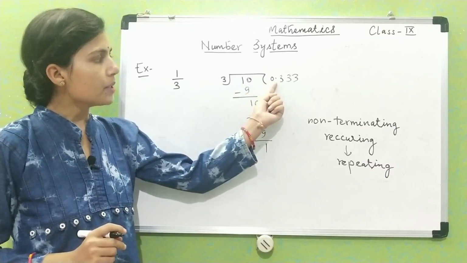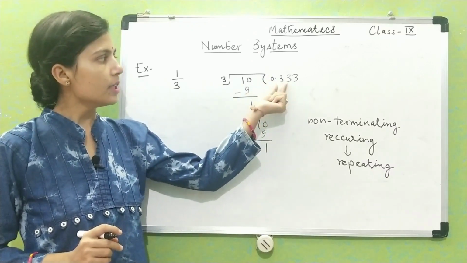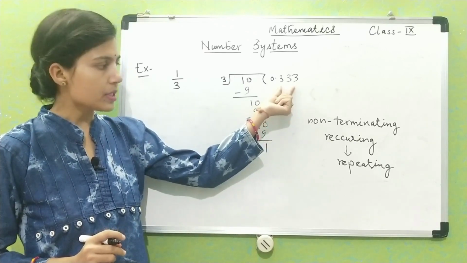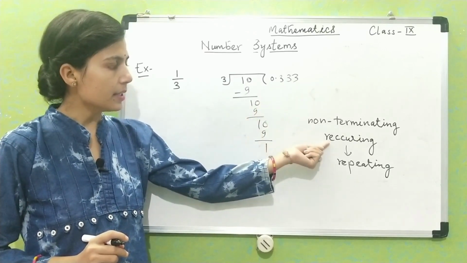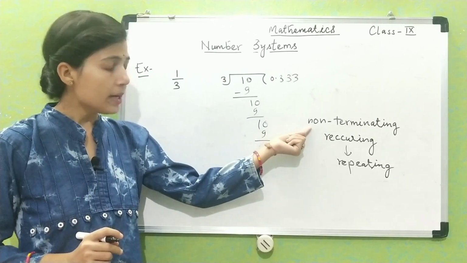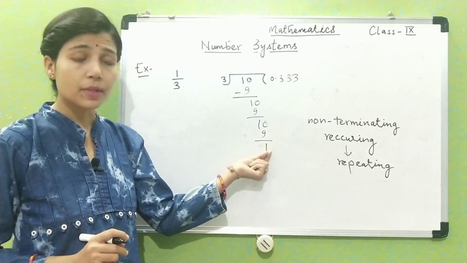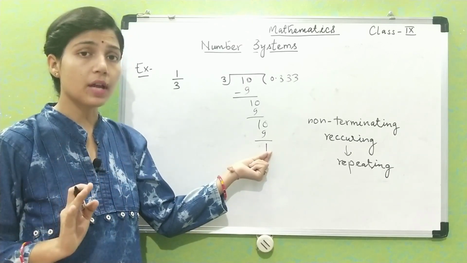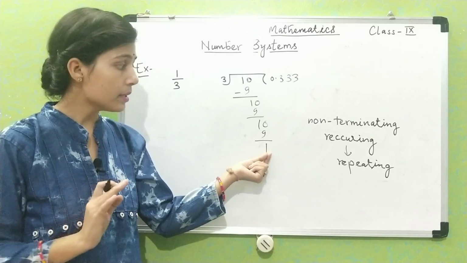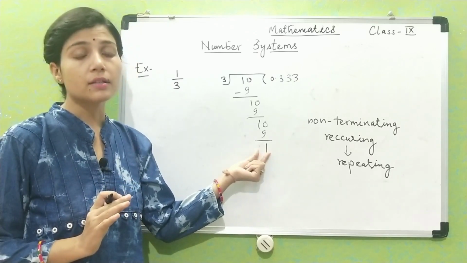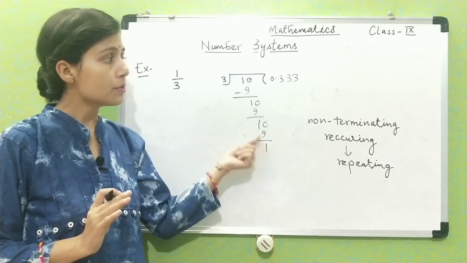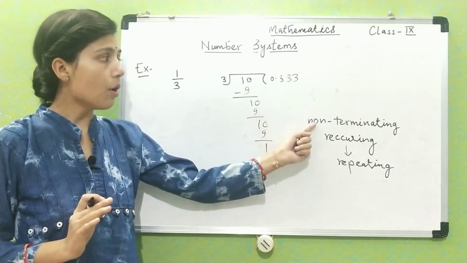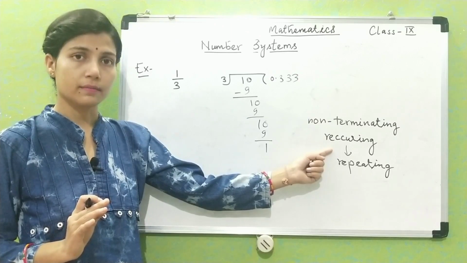Here after the decimal the digit 3 is repeating, that is why this type of decimal expansion we are calling recurring. Non-terminating, why? Because it has not been terminated. After doing many steps, the remainder will never be 0. So this type of decimal expansion of any rational number is non-terminating recurring.